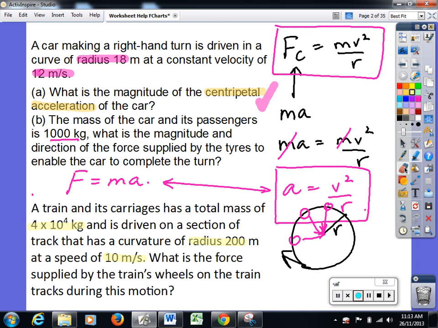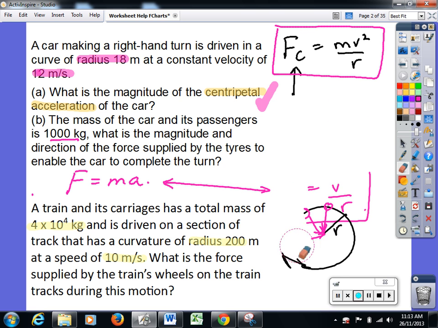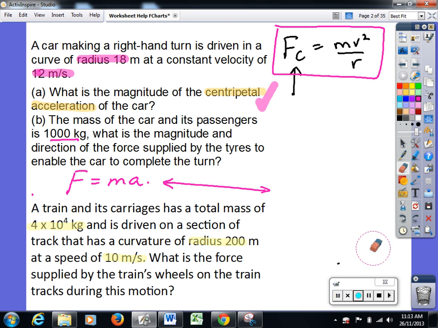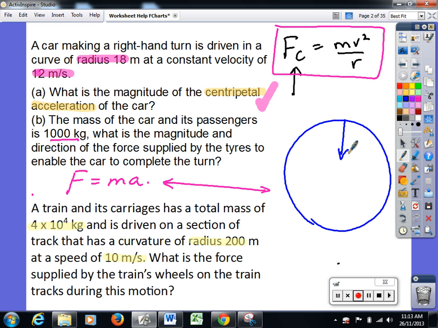And this is getting at the idea that centripetal force by itself is an apparent force. What causes an object to go in a circle is a force directed towards the centre. But this centripetal force, this force which pulls things in, comes in a whole lot of different varieties.